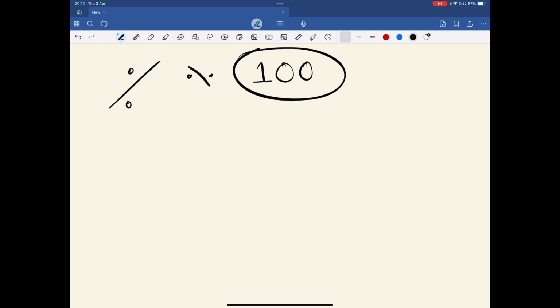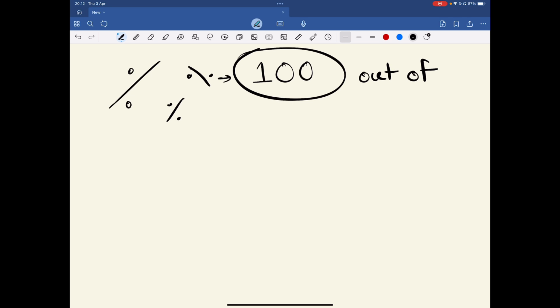In just a word, a percentage is just a way of saying out of 100. A percentage is just a way of saying out of 100. So the symbol of percentage is like this.